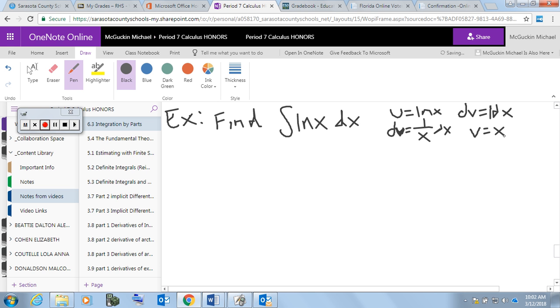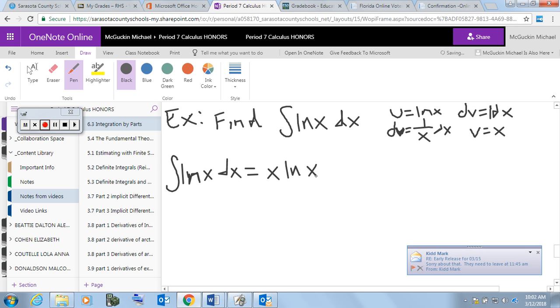So let's go into our by parts formula. It is true that the integral of the natural log of x times dx is going to equal u times v. So I'm just going to go ahead and make this x times the natural log of x, and then minus the integral of v du. Well, that would be v times du.